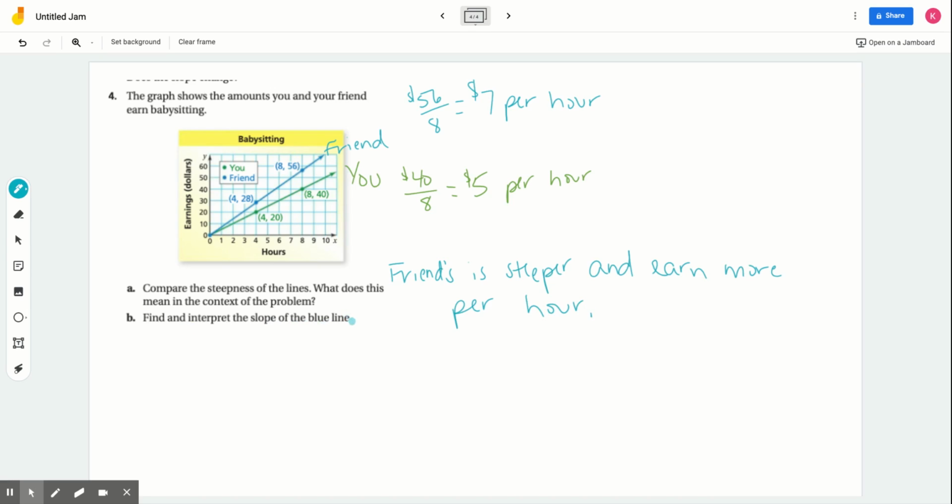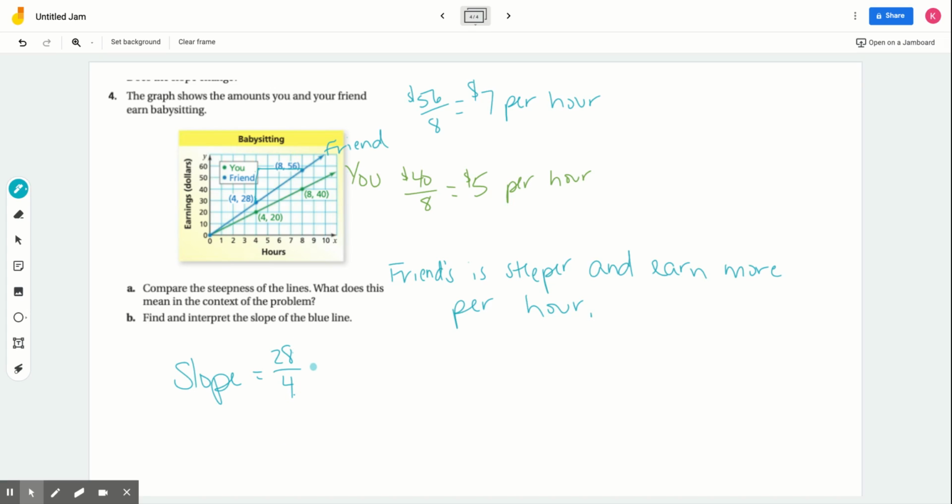So find and interpret the slope of the blue line. If we are looking at this blue line, we can take these points, 4, 28 and 8, 56. From 28 to 56, we are going up 28 places. From 4 to 8, we are going over 4 places.